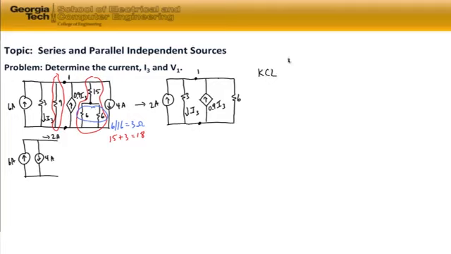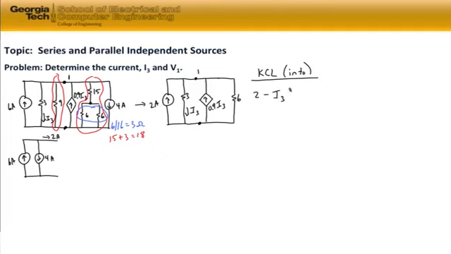Kirchhoff's current law can be used either by combining the currents flowing into a node or the currents out of that node. In this problem, we're going to add the currents flowing into the top node. First, we have a 2 amp source flowing into the node, and I3 flowing out of the node.